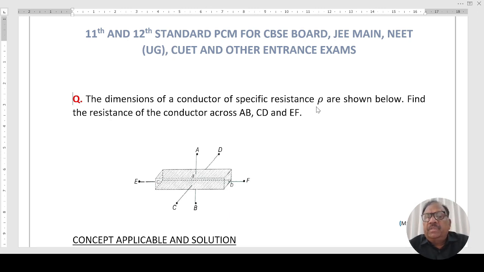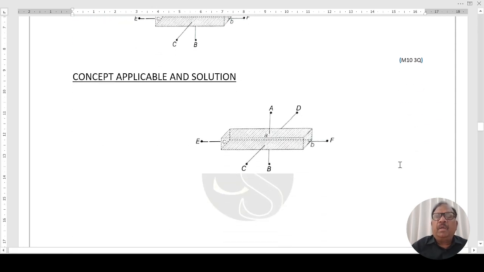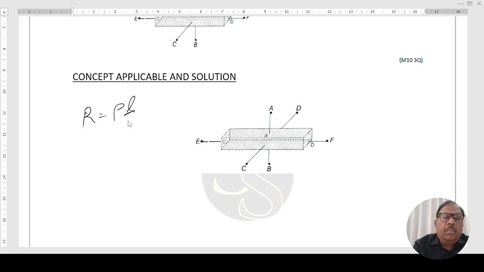Question is, dimensions of a conductor of specific resistance rho are shown below. Find the resistance of the conductor across A, B, C, D, E, F. This is the figure. Concept, applicability and solution. We know R equal to rho L upon A. Here the concept is being cleared, how to identify area, how to identify length.